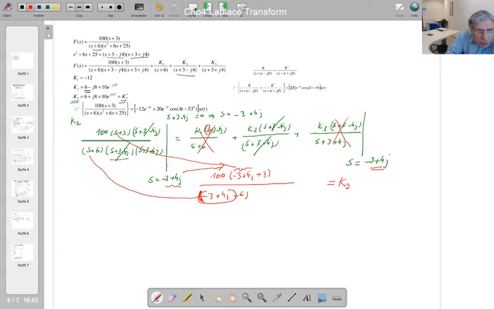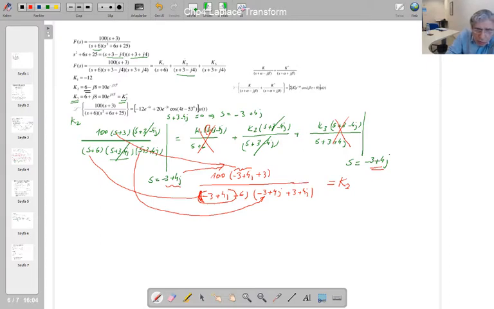And what is left, this has gone, so we've got this. So plus s, replace minus 3 plus 4j, this is for this s, plus 3 plus 4j.